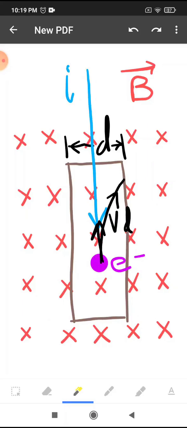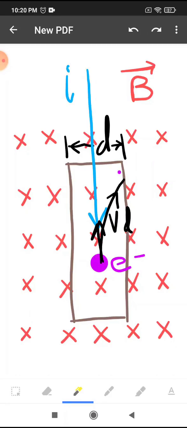Hall effect has many experimental applications and theoretical consequences. Of utmost importance, we make silicon conductors and sensors based on this Hall effect, and many errors and precautions can be avoided if we know the basics of Hall effect.